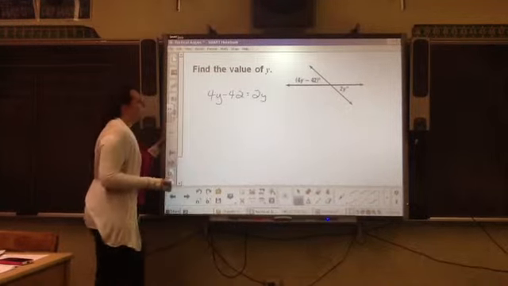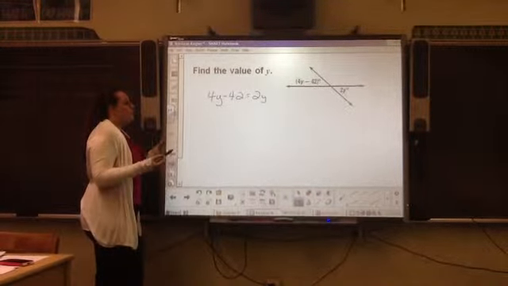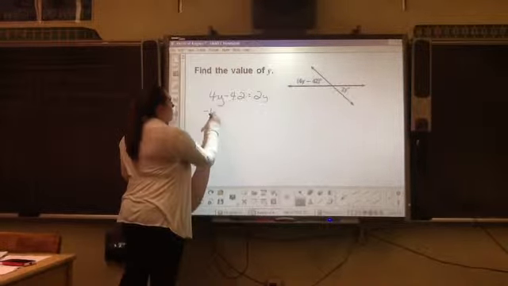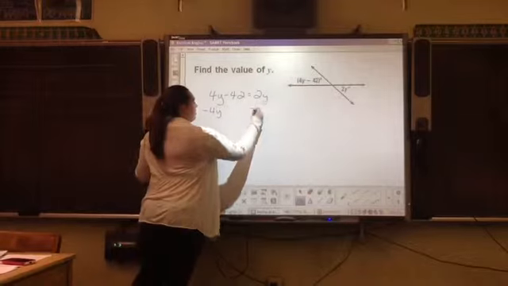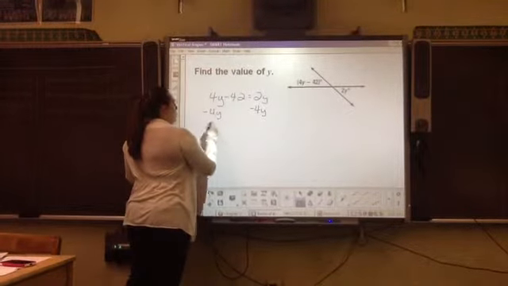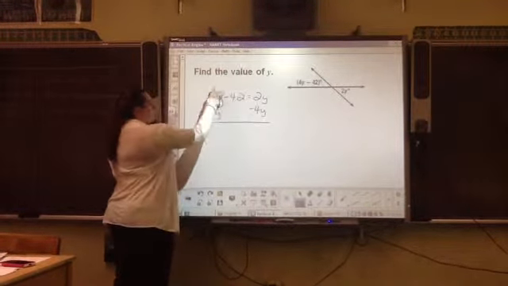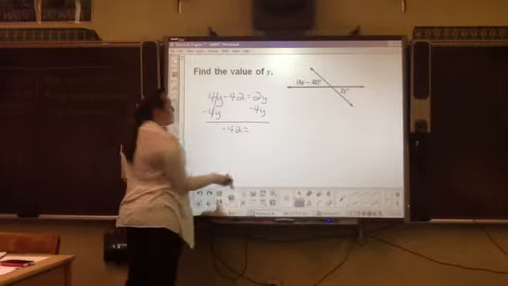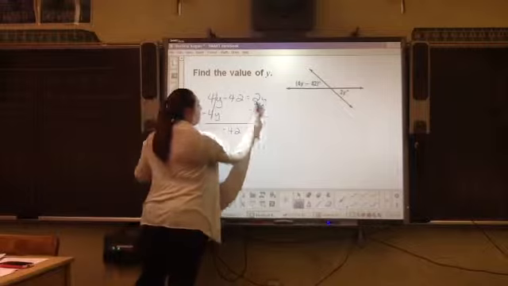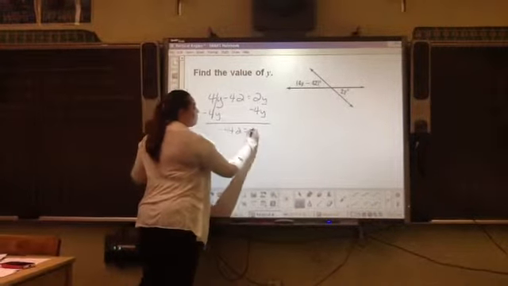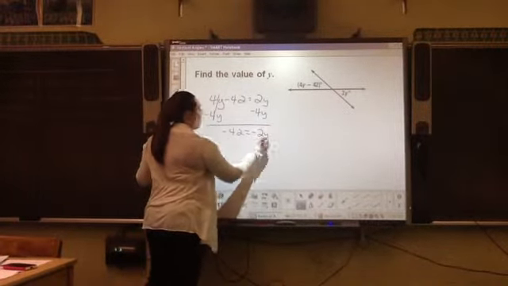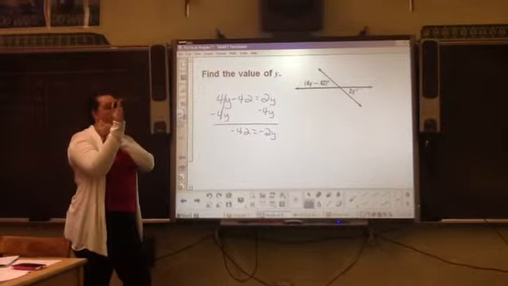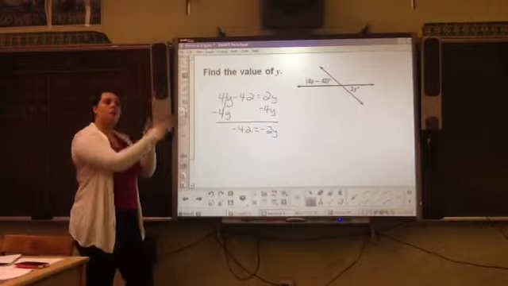So, let's combine like terms. Let's subtract 4y from both sides. Next line will be 0 minus 42. So I'll just write minus 42. And 2 minus 4 will be negative 2y. Because also on the number line, to see it, you start at 2, and you're going down 4.